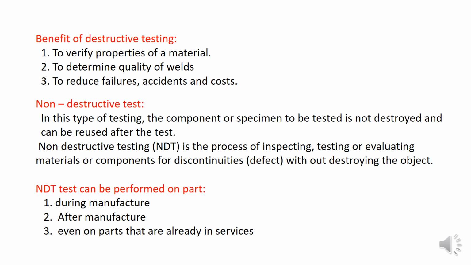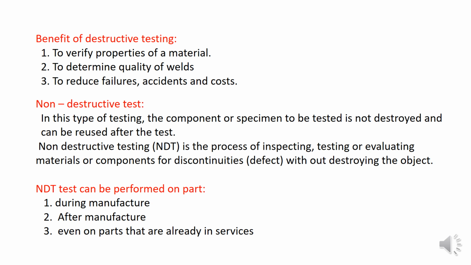The main aim is to analyze the properties of the material. Why do we analyze the properties of the material? For example, the material is steel. The tensile properties, elongation properties and yield strength properties of steel are different compared with copper or aluminum.